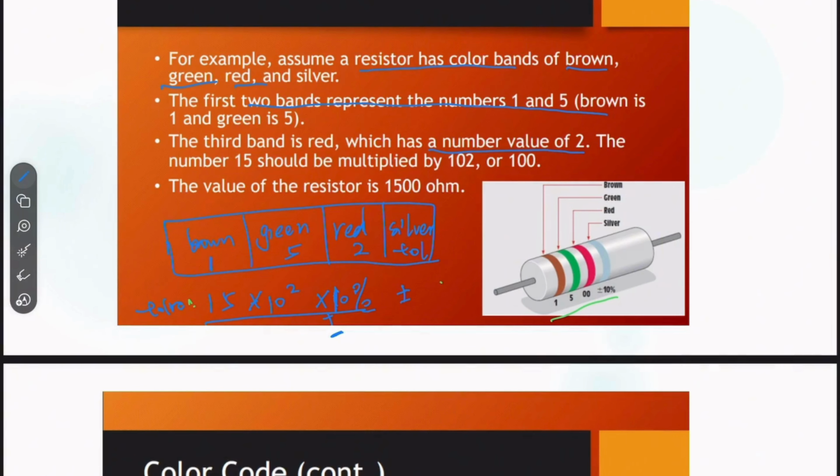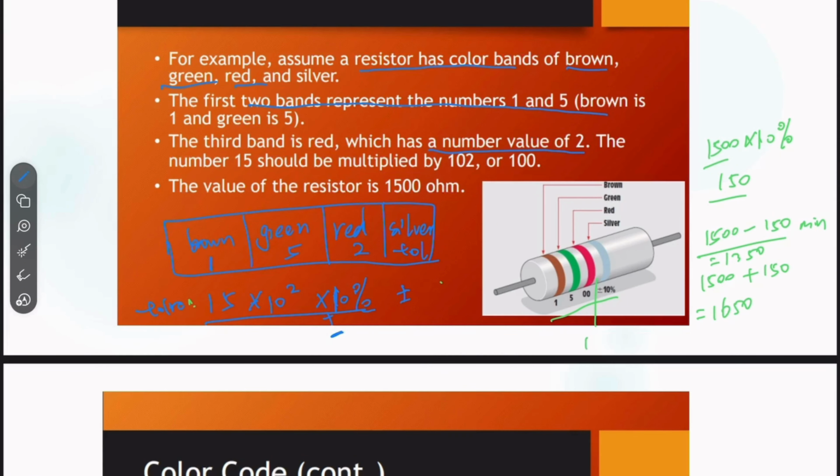For a resistor that is 1500, the tolerance is 10% of that, which is 150. So that's our tolerance. The minimum value will be 1500 minus 150. The maximum value will be 1500 plus 150, that will be 1650.